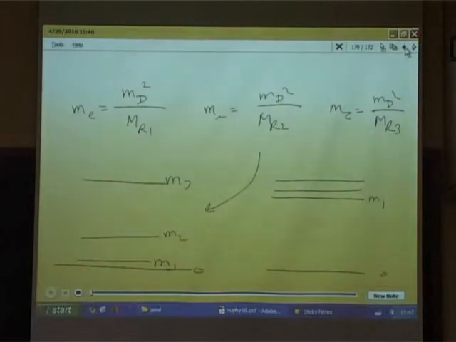So if M_D is almost equal, as a heuristic order, and if M_R is hierarchical, then the light neutrino masses will be hierarchical. Since there is no restriction on M_R1, M_R2, M_R3, they can be anything you want. The easiest thing is to have the hierarchy.